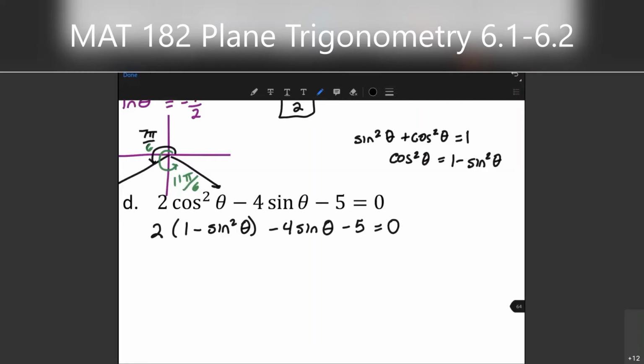All right, so if we continue further, we can distribute that 2 and then rearrange and try to add like terms as we go. So we'd have 2 minus 2 sine squared theta minus 4 sine theta, and minus 5 equals 0.